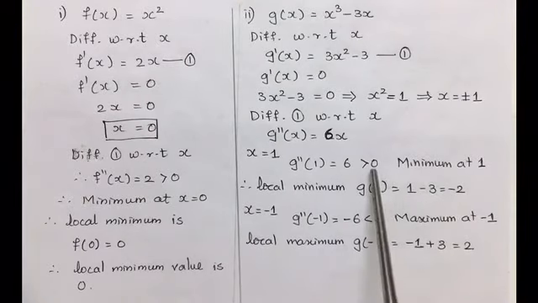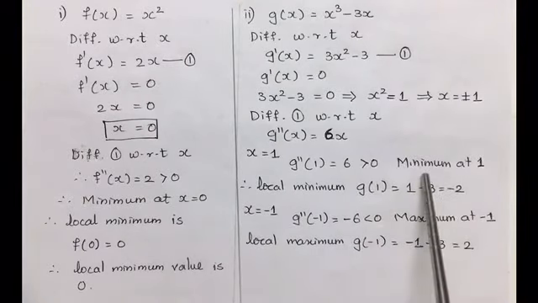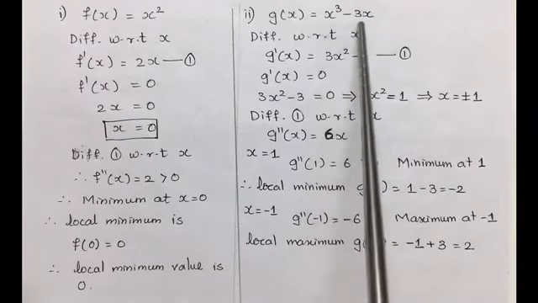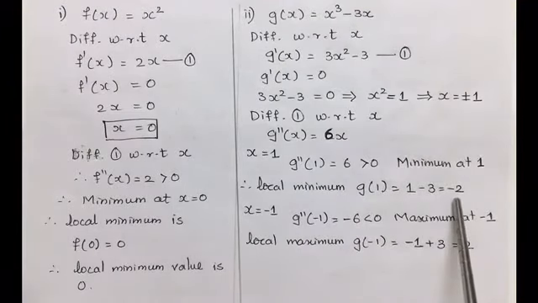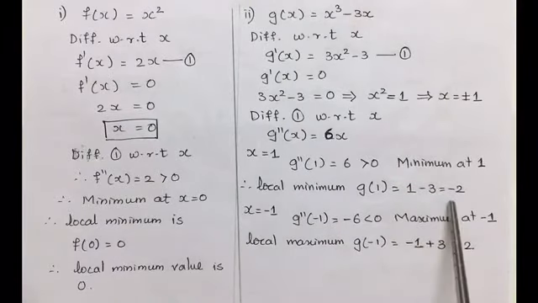So as it is positive, it will be minimum at 1. Now to calculate the local minimum, we keep x equal to 1 in g. So g of 1 is 1 minus 3, which gives us minus 2. So local minimum is minus 2.